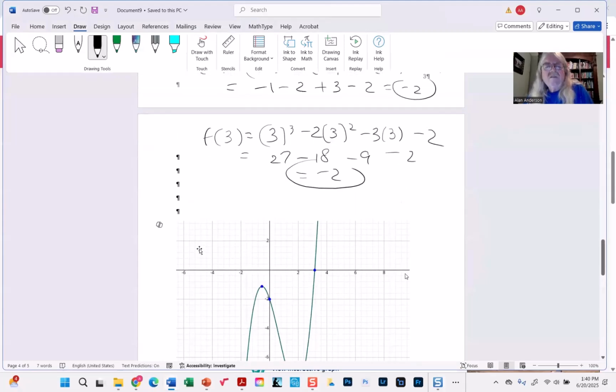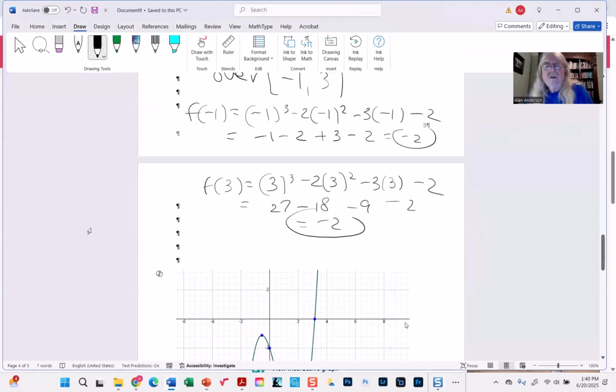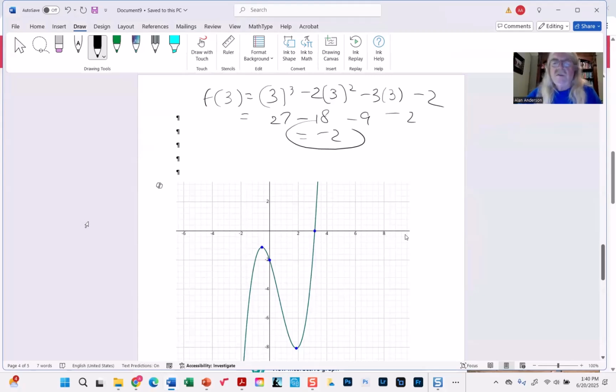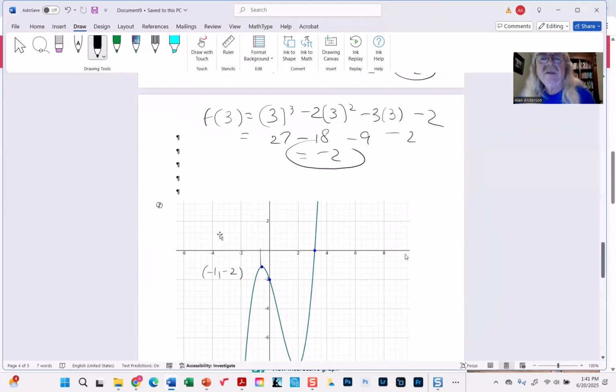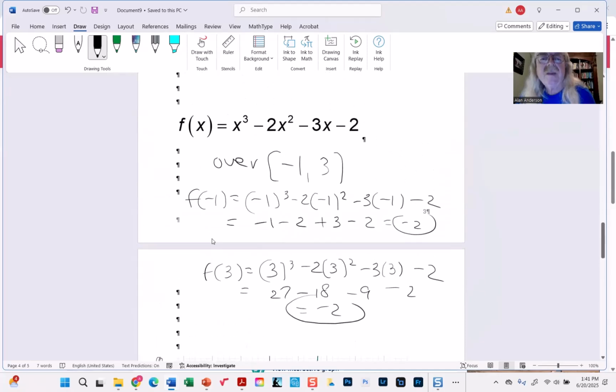And the points that we identified, minus 1 corresponds to negative 2. That would be here, it looks like. And then 3. Okay, what happened there? Hold on a second.